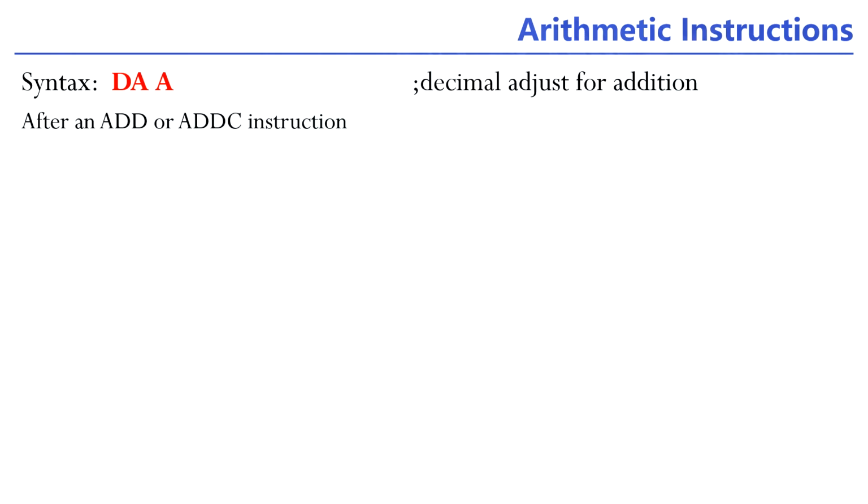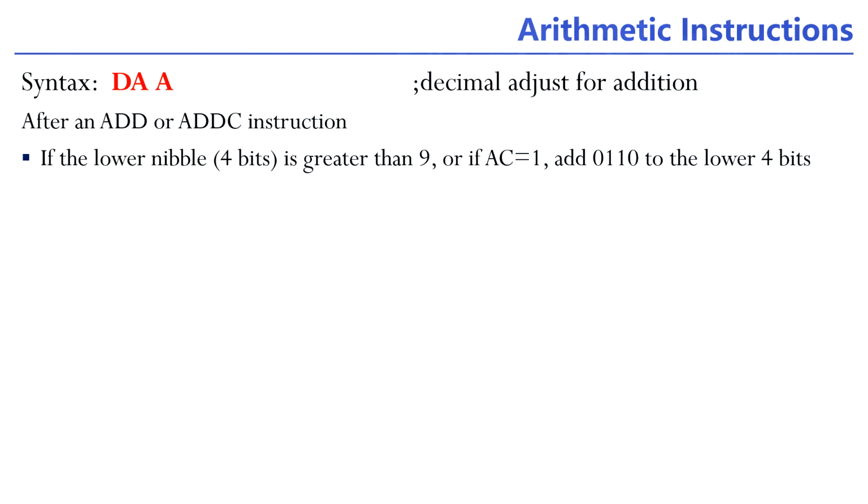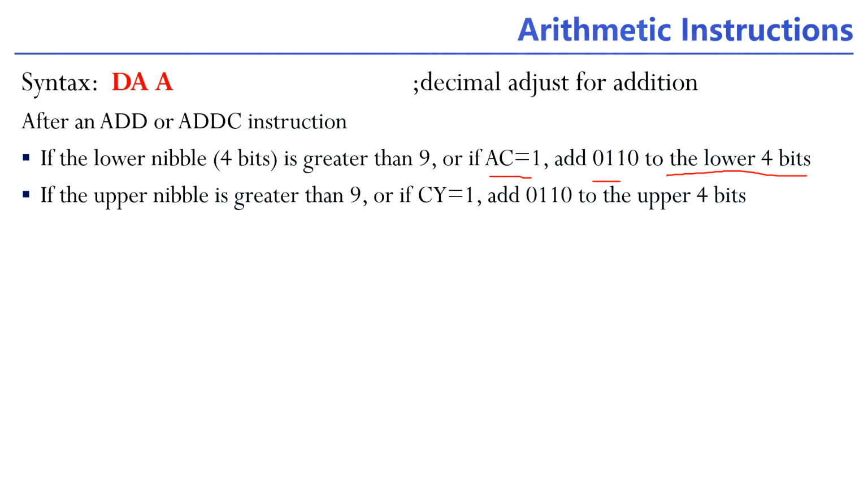After an add instruction, if the lower nibble, that is 4 bits, is greater than 9, or if AC equals 1, then add 0110 to the lower 4 bits. Remember?